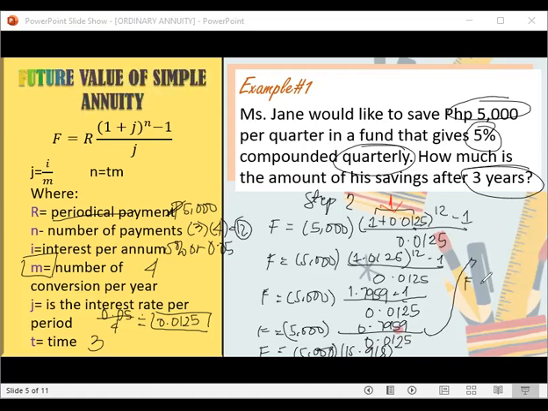Our final answer for the future value is 79,590 pesos. Okay, class, don't forget the peso sign because we are talking about money. What we discussed is money, so we cannot forget the peso sign.